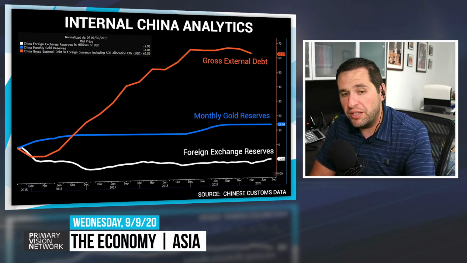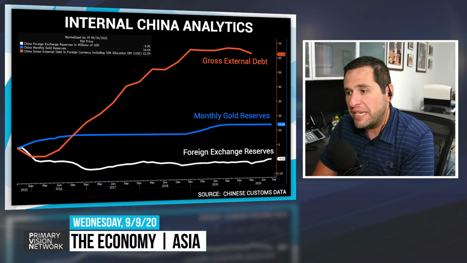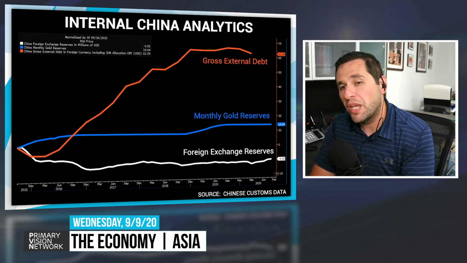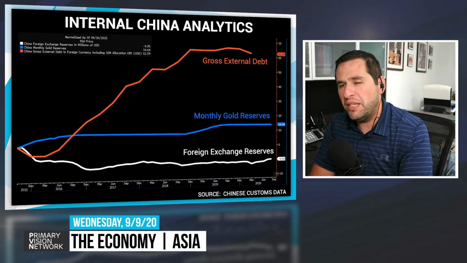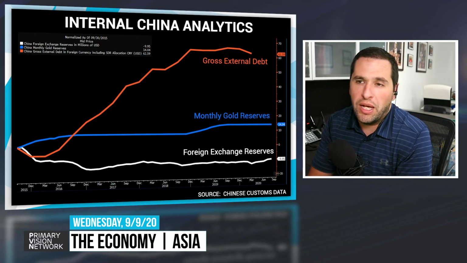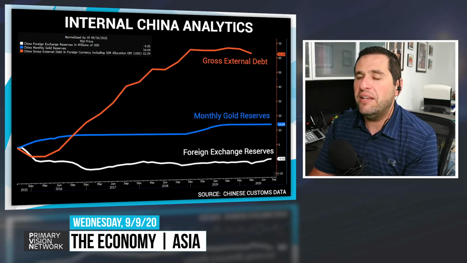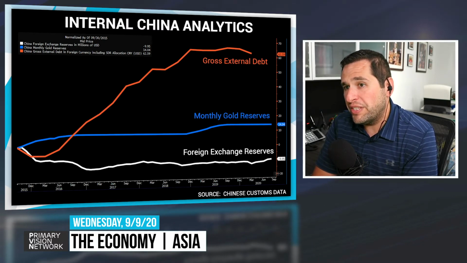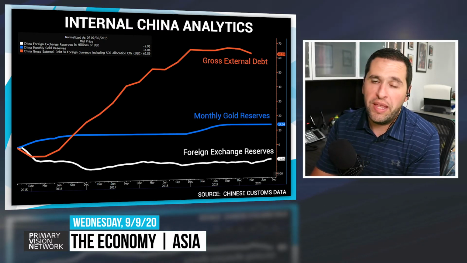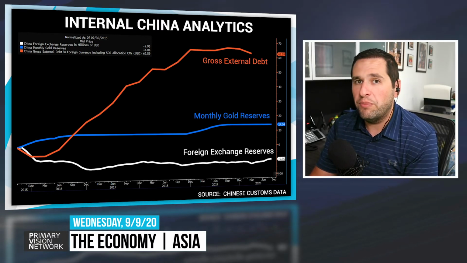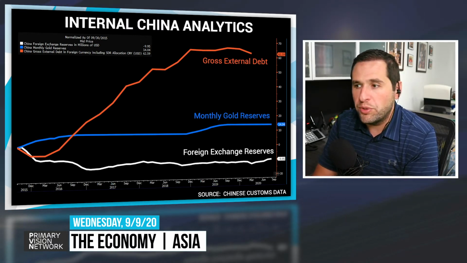Here you can see the foreign reserves have fallen, but now you have another interesting dynamic starting to take shape. Typically they own about $1.1 trillion worth of U.S. treasuries. They have announced, or at least hinted at, that they're going to sell down about 20%, putting them at about 800 to 860 billion away from their normal 1.1, 1.2 trillion.